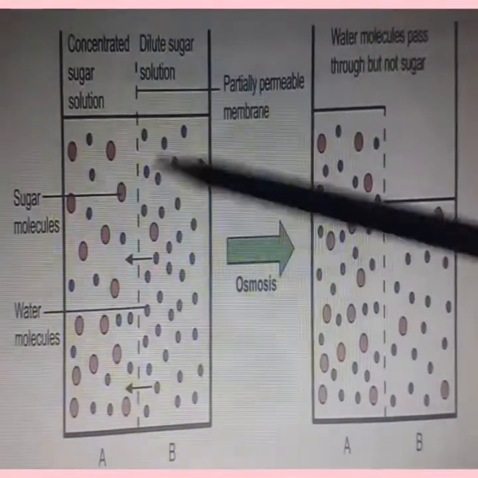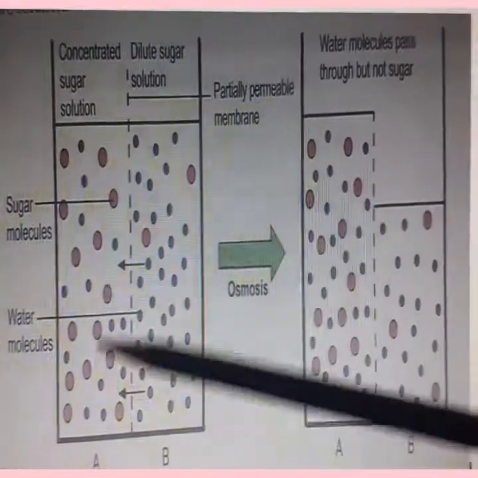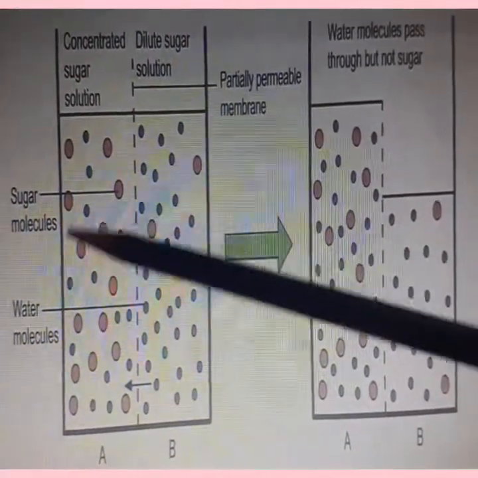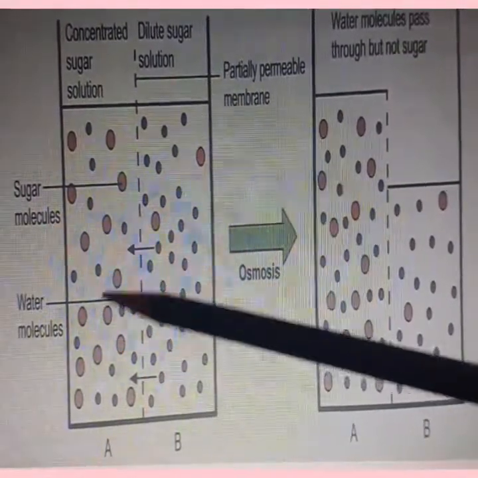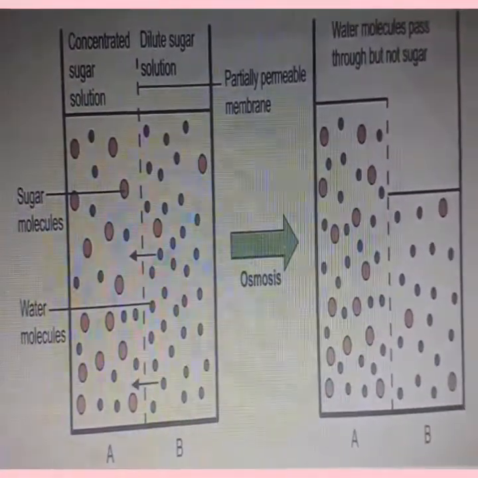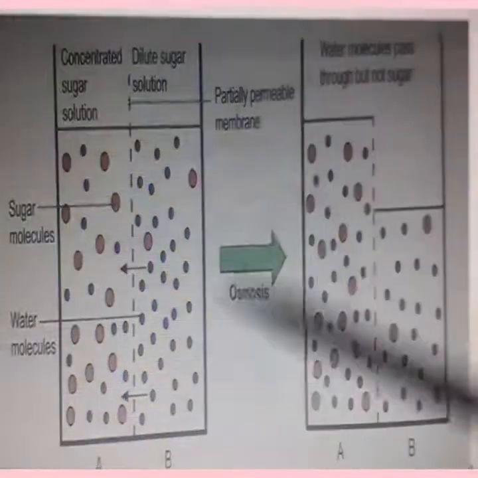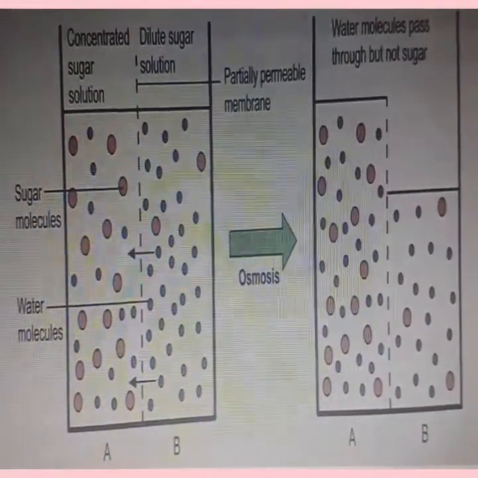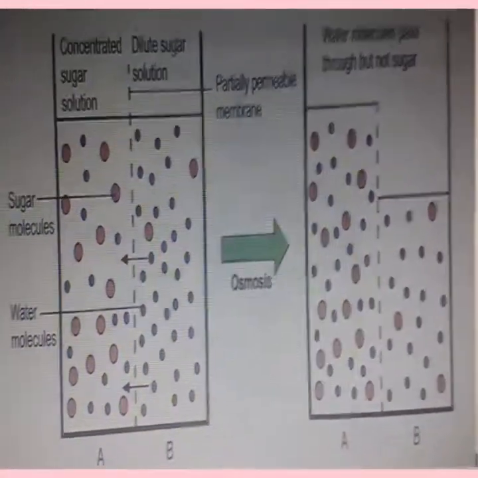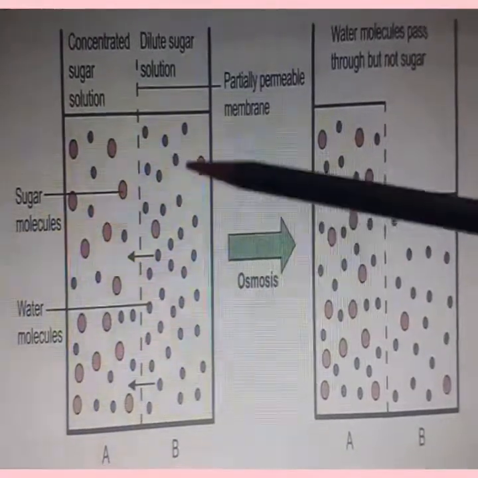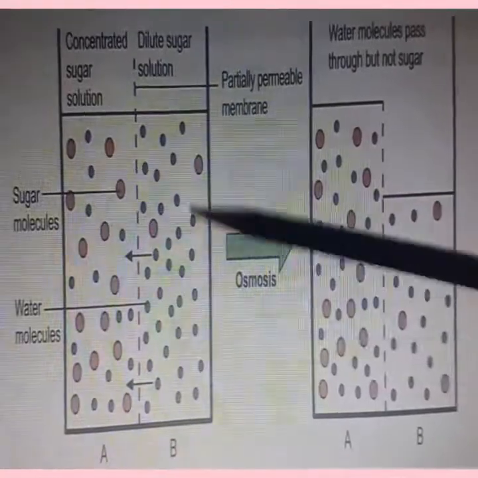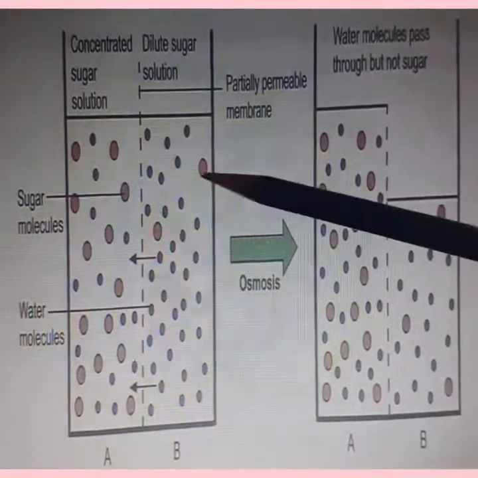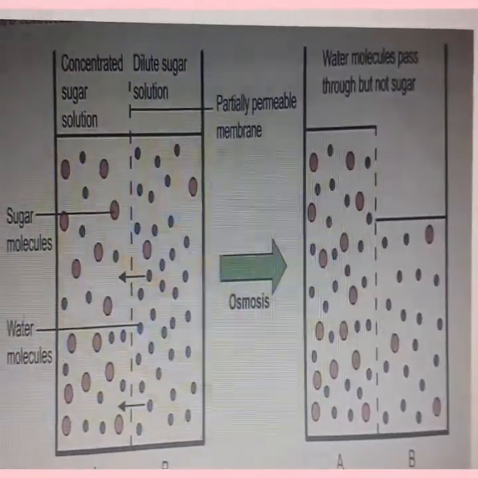You can see that there are more red molecules of sugar, denoted by a red mark, and less water molecules, denoted by these blue dots. Whereas solution B is a diluted solution with less sugar molecules and more water molecules. You can see that there are more water molecules with blue ink and less sugar molecules with red ink.